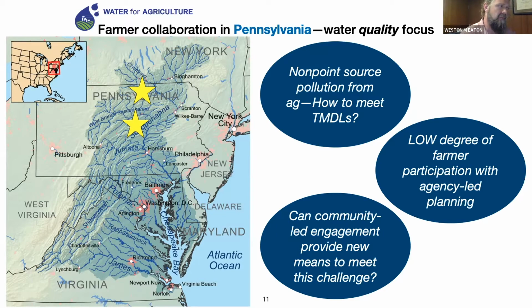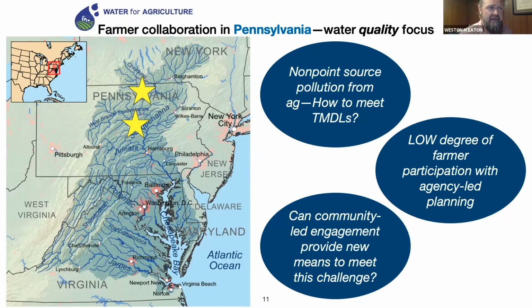So the broader puzzle, not that the farmers own this puzzle, but the broader puzzle here is non-point source pollution and how to meet the Clean Water Act and the EPA's goals, which are now calculated into total maximum daily loads into the Chesapeake Bay, in particular the Susquehanna River as a major driver of those loads.